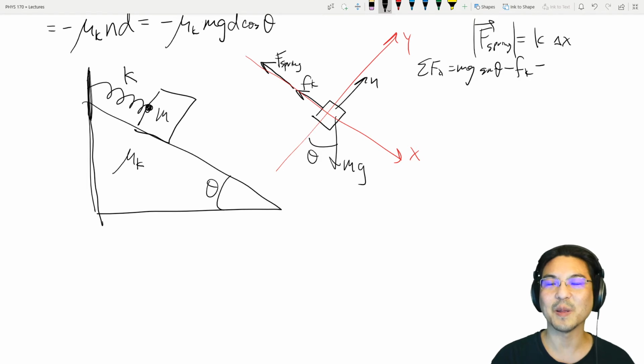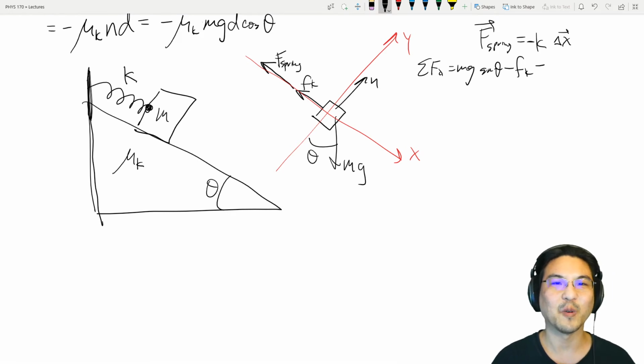Right, the displacement. And then it's opposite. I already put the minus sign there. Right, I already drew the arrow going opposite, so we already got the minus sign. Because Hooke's law looks like this, with the minus sign.